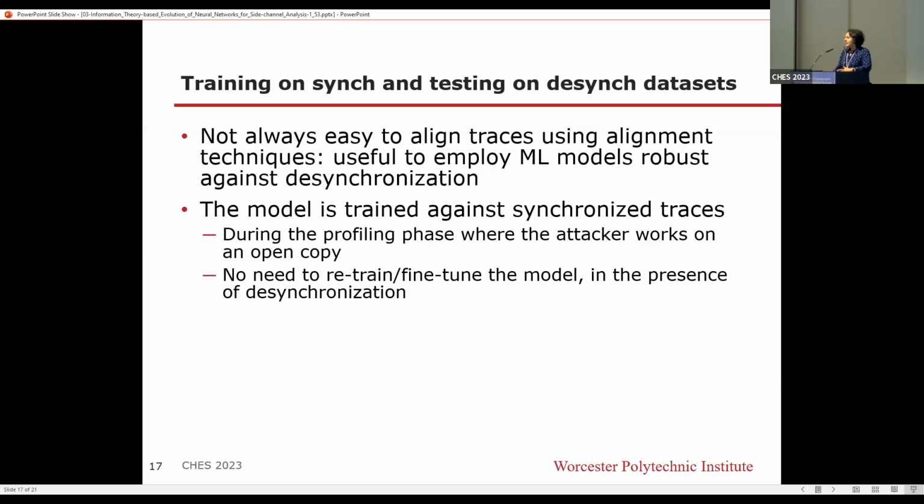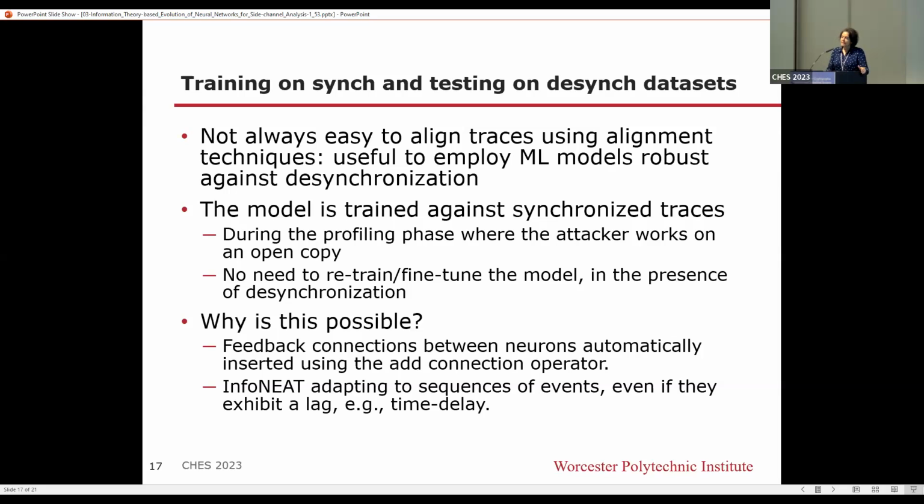So it means in the training phase, the neural network is tuned and trained by the attacker on an open copy of the device, and it is possible to, let's say, train on the synced traces. And now in the attack phase, no retraining is needed, no refinement or fine-tuning would be required. Why is this possible? We have seen examples of this in the literature.